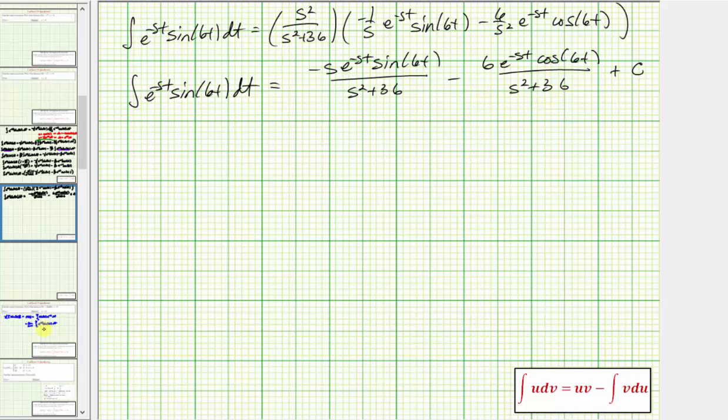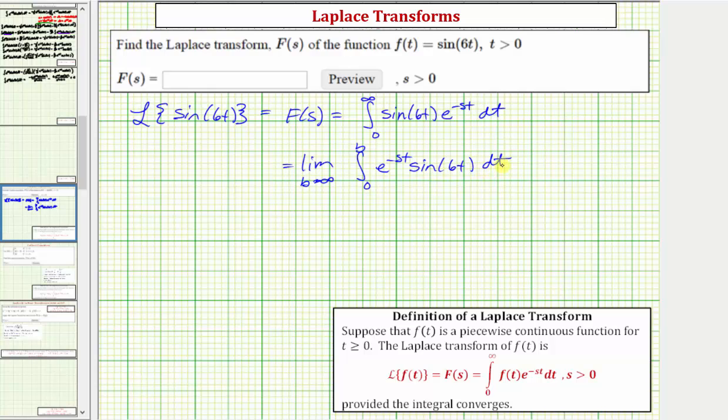Remember, our goal here is actually to find this definite integral, then determine this limit to find the Laplace transform of f of t equals sine 6t, which means now we can write the limit as b approaches infinity of the antiderivative of e to the negative st sine 6t, which is negative s e to the negative st sine 6t divided by the quantity s squared plus 36 minus 6 e to the negative st cosine 6t divided by the quantity s squared plus 36.